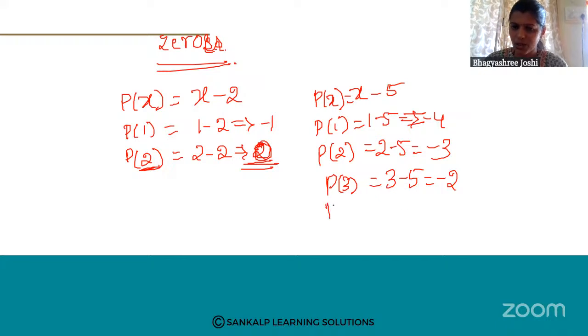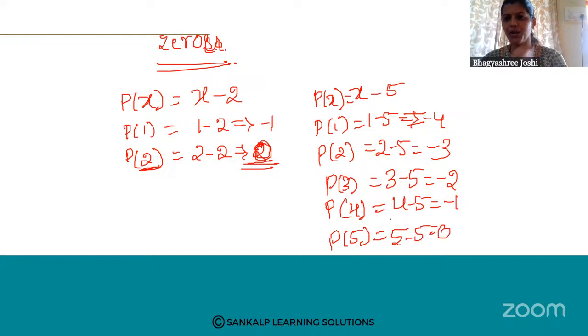If I substitute x is equal to 4, 4 minus 5 is minus 1. If I substitute x is equal to 5, 5 minus 5 is equal to 0. So for which value of x am I getting 0 here? Only if I substitute x is equal to 5 will I get 0. So the zero of the polynomial is x is equal to 5.